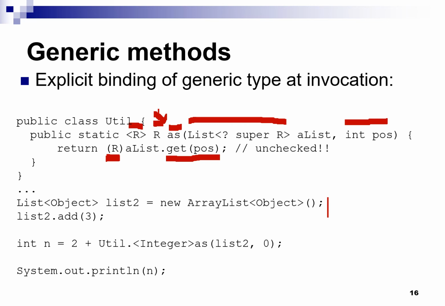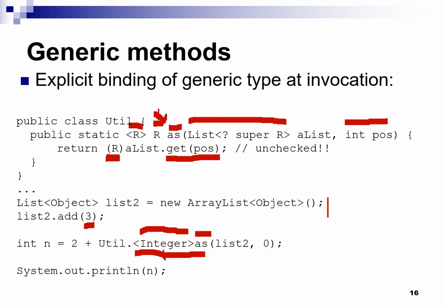Here we create an array of objects, but I'm populating this array, this list, with an integer. And I would like to call as to return integers. So R is Integer. In this case, the compiler may not know what I want to do if I call as just like this. Therefore, I need to specify that I want R to be Integer. And that's done using this notation here.